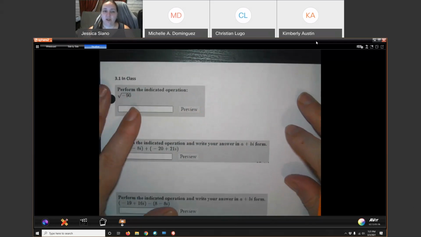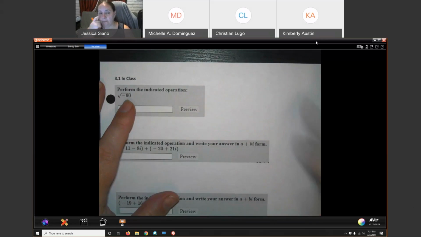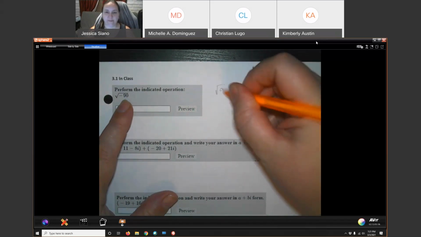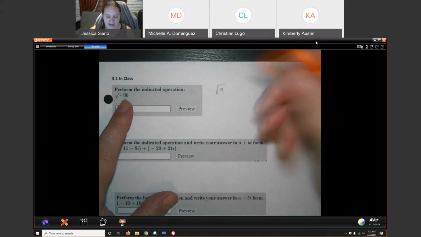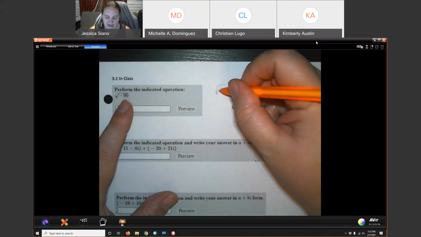So when we are reducing any radical, the question is: is there a perfect square that is a factor of this number? So is there a perfect square that is a factor of 90? And the answer is yes, of course there is, a 9. And now, since this is a negative 90, I'm actually going to make that a negative 9.